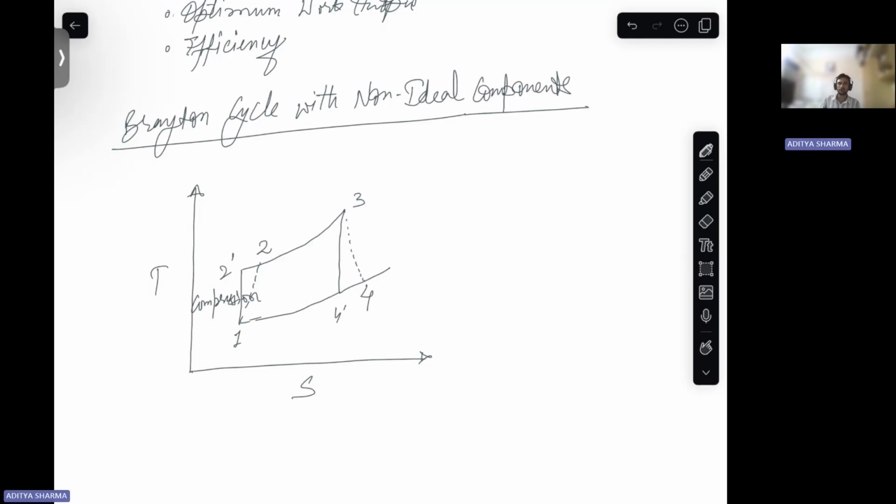Then if you see the expansion in the turbine, ideally it should move from 3 to 4 dash, but it is moving from 3 to 4. So this is your expansion in the non-ideal case.